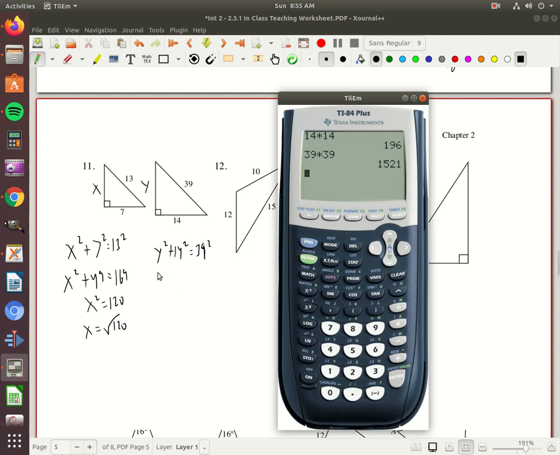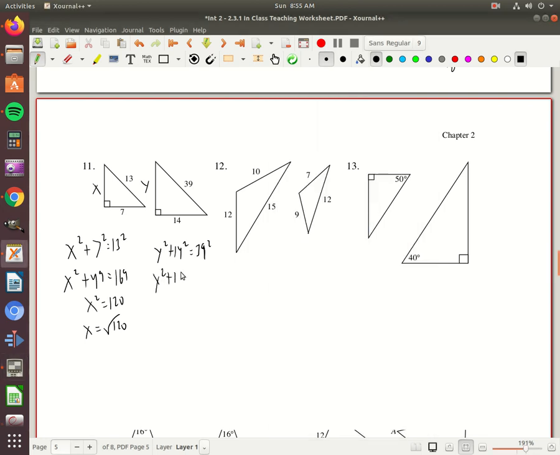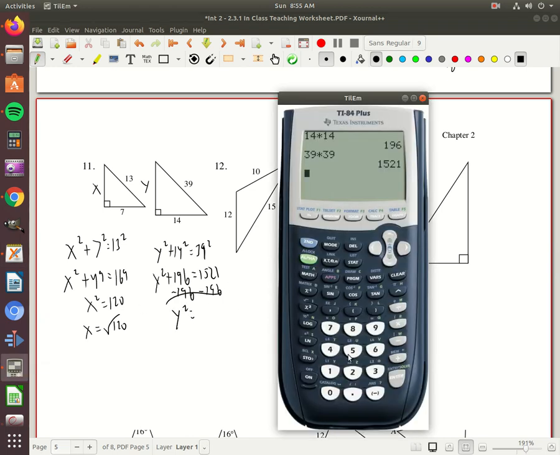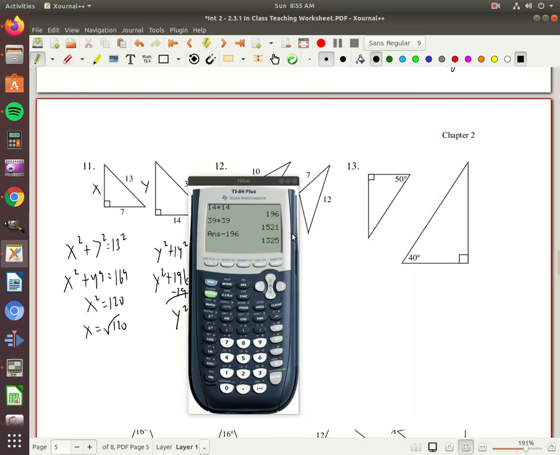All right. I need to subtract 196 from each side. Y squared. So you can see there's quite a lot of work on some of these when you have to find missing sides, but nothing we can't do. Just a little bit extra.